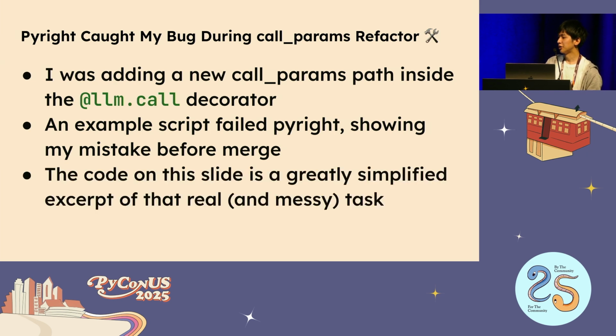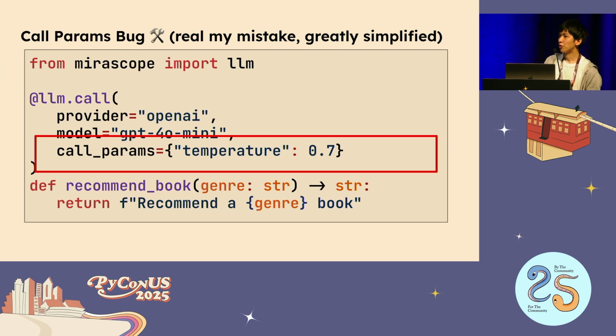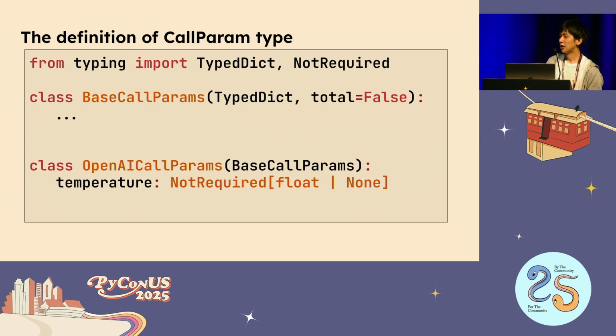Okay, please check the code. So this example has the call params. Call params are used in the LLM, like max tokens and temperature. Temperature should be the float 0.7. Oh, it's very easy. And on the definition side, the call params define the base call params as a TypedDict.